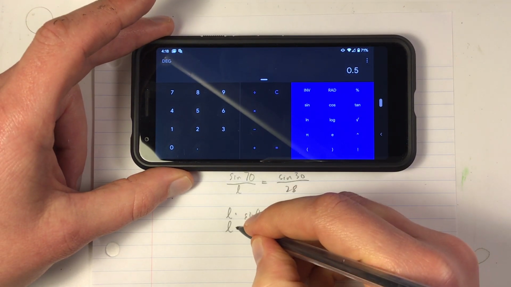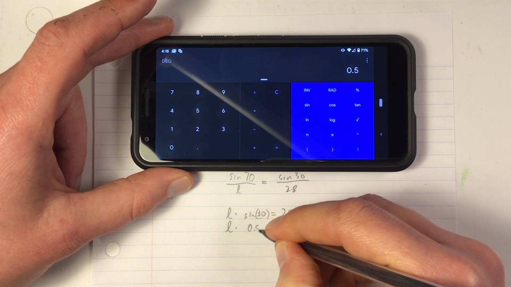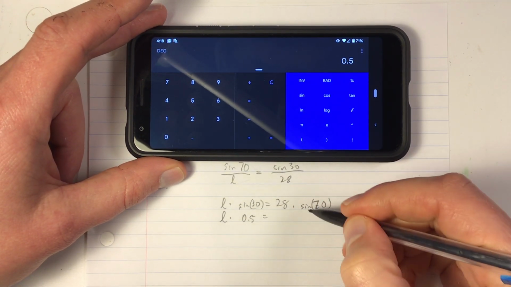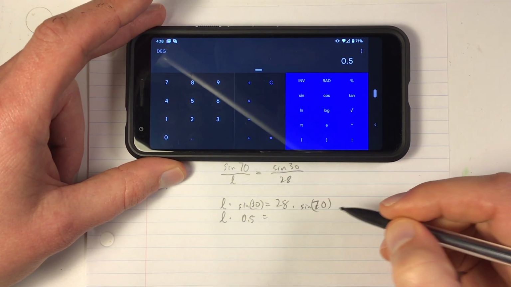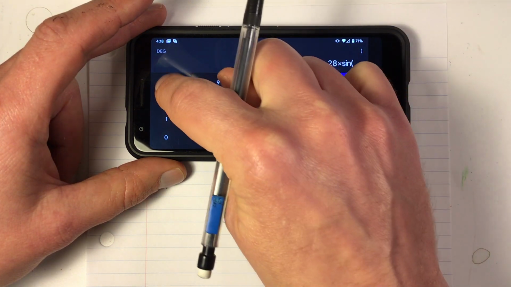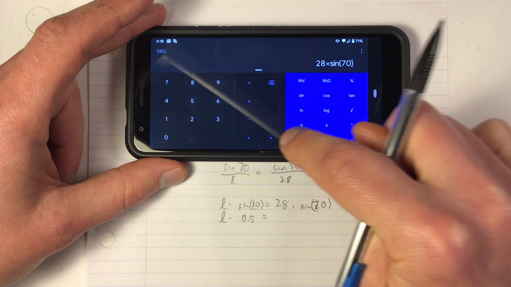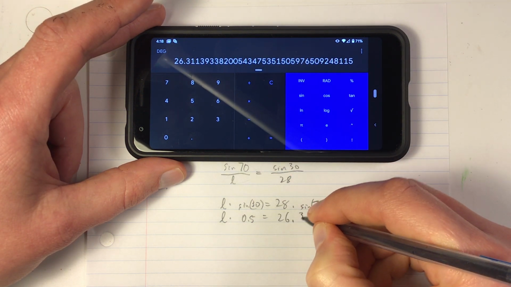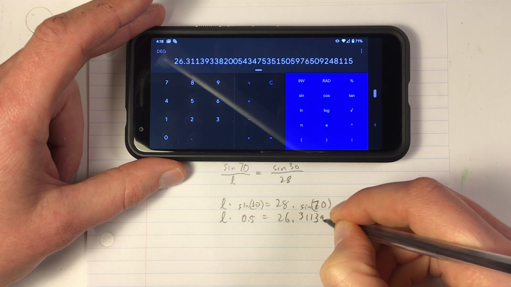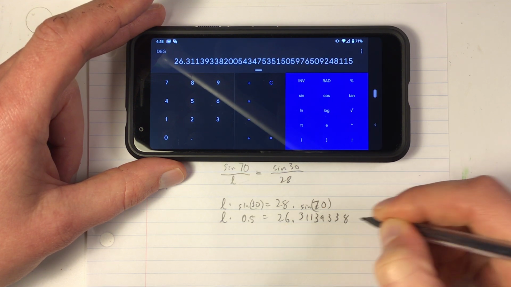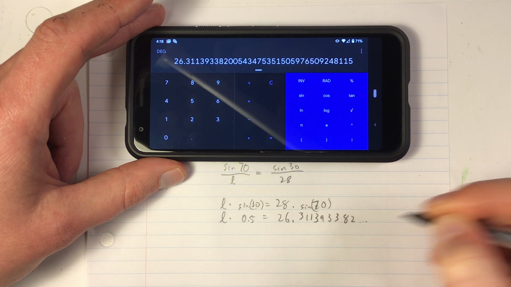So L times 0.5, numbers aren't always that easy, is equal to 28 times the sine of 70, close my parentheses. That's going to be 26.3113932, and I'll just stop there.